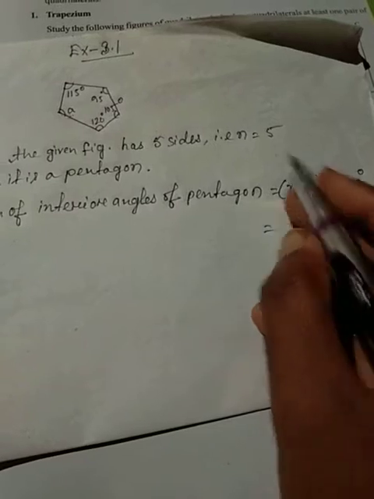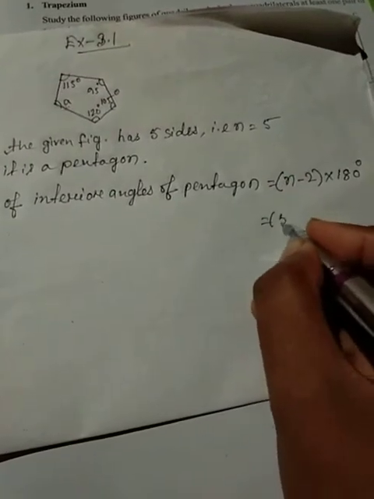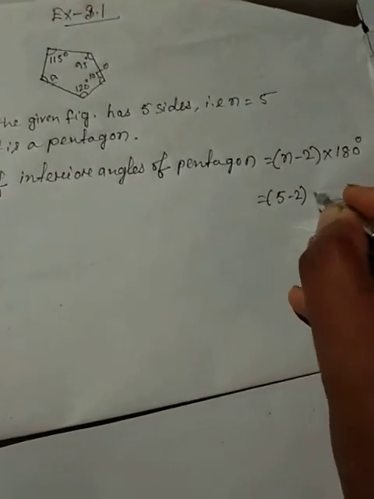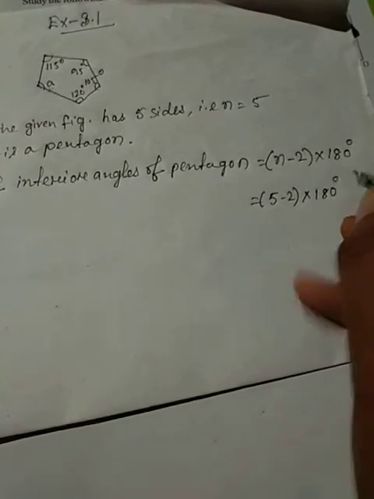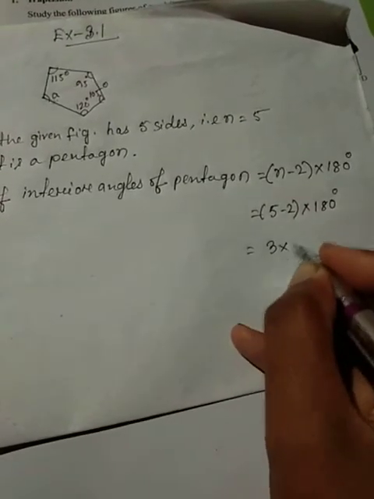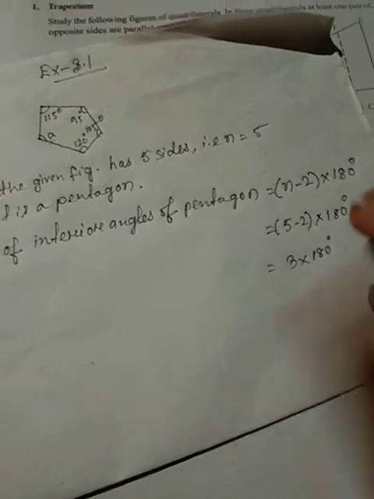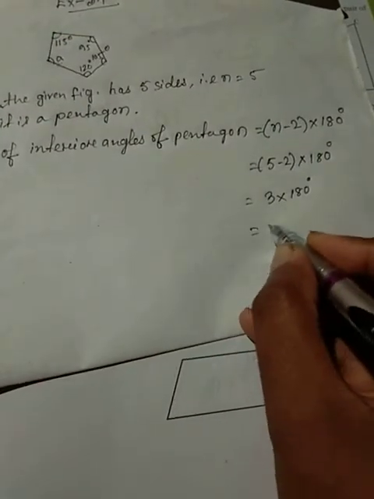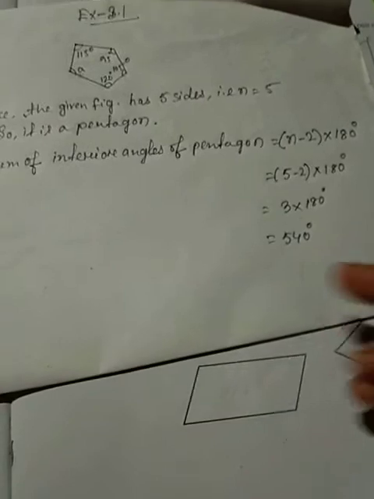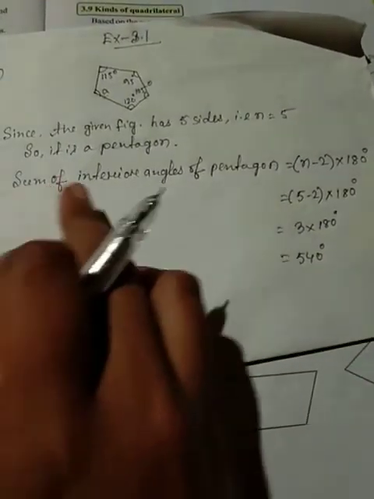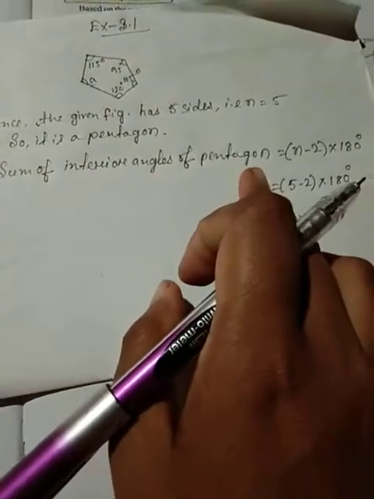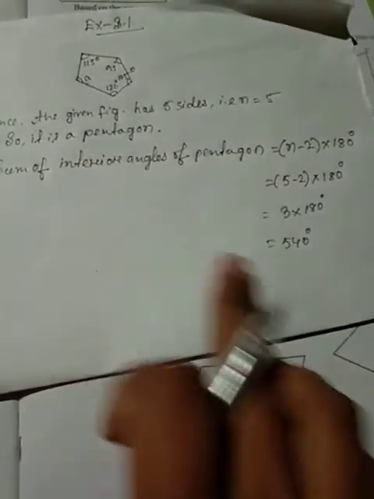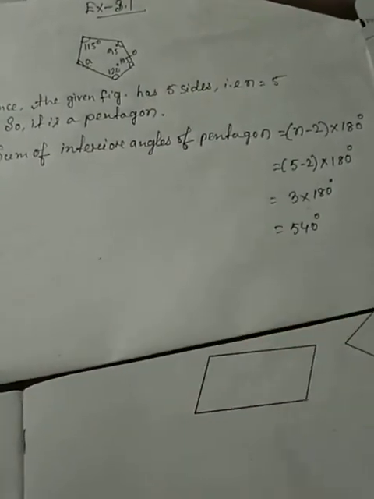So here n equal to 5. So I put the value of n here, n minus 2 into 180 degree, 3 into 180 degree. 3 into 180 means 540. So here I find the sum of the interior angles of pentagon. That means the sum of the interior angles of pentagon is 540 degree.